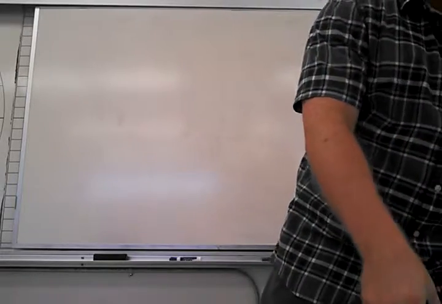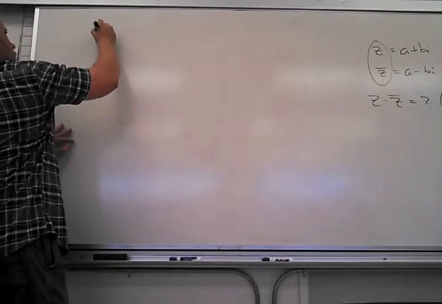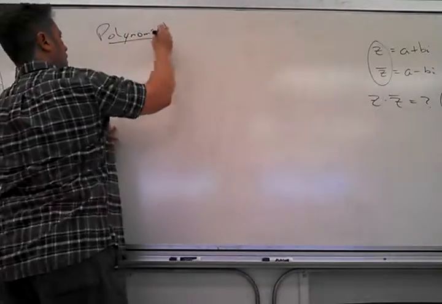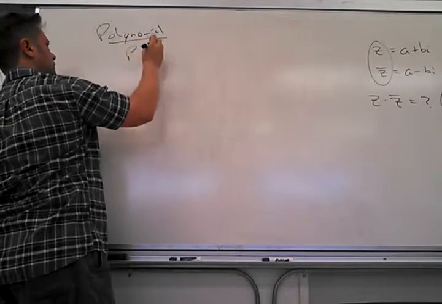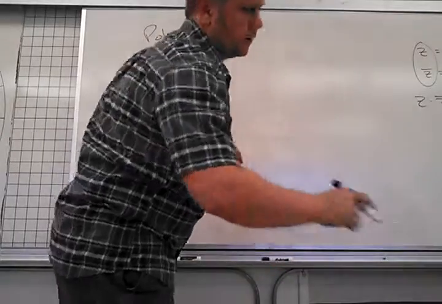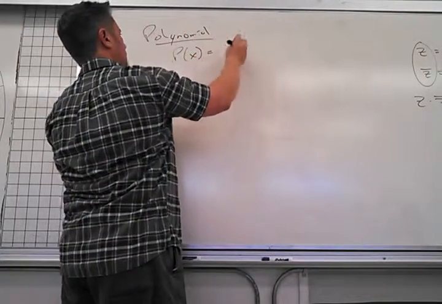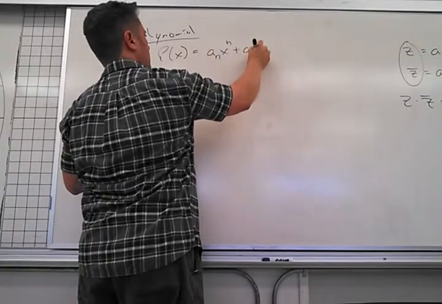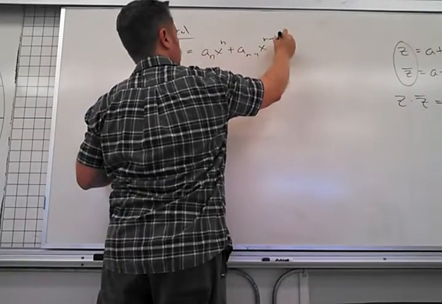Okay. Jump through this. Here we go. So if you have a polynomial, and a polynomial in general, let's see what symbols they use. Now, I don't know if you guys have ever seen it written like this before.